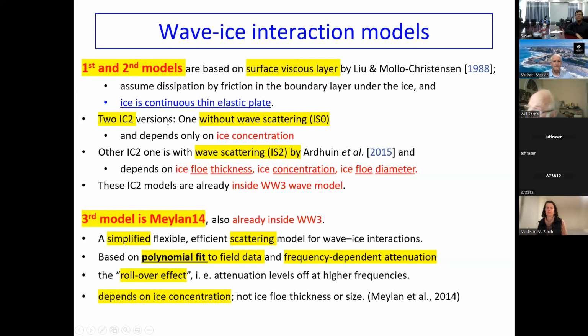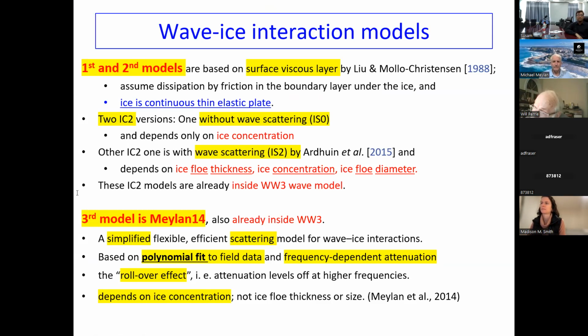The second model is like the first, IC2, but with a scattering algorithm that Fabrice Adhem put into it around 2015. It depends on ice floe thickness, concentration, and diameter, so it needs to know what the ice conditions are.